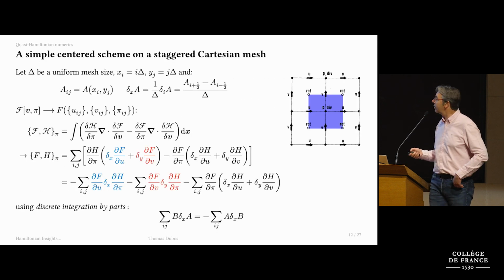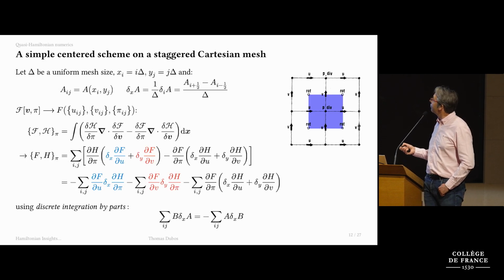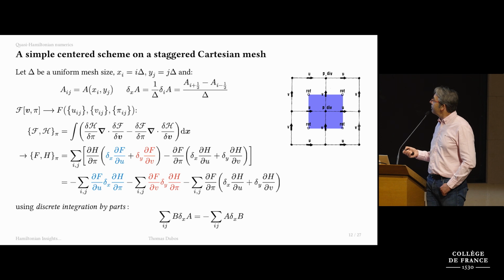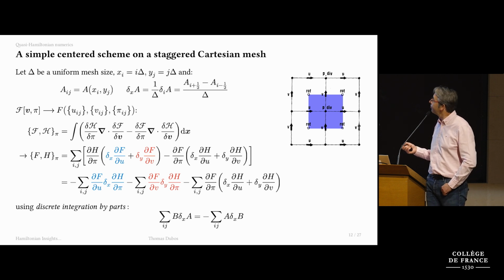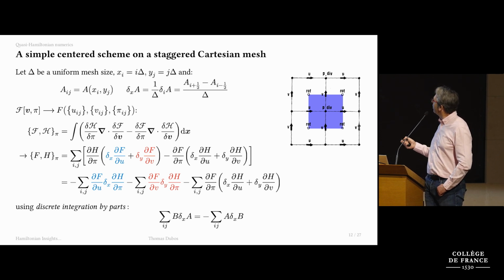So how does that look? I just try to provide a sense of how it works on that shallow water system and only on that part of the bracket. For antisymmetry, you can decompose the full bracket into pieces and work independently on each piece to make sure that it's antisymmetric. So that's the part I focus on. And so say you have this kind of mesh. That's from a paper by Sadourny in the 70s.